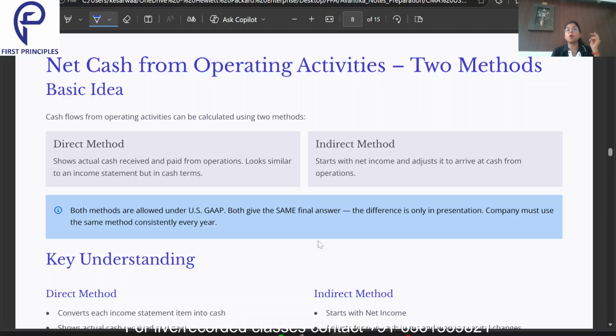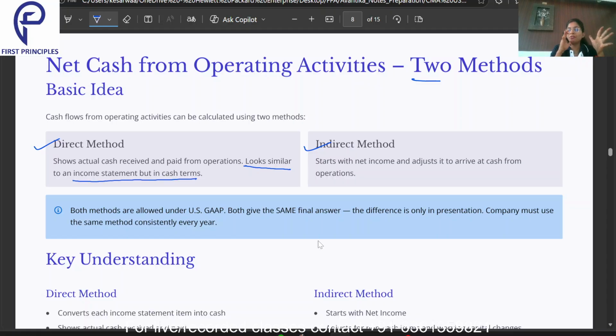So for net cash from operating activities, we have two methods. One is the direct method, one is the indirect method. Now the direct method shows actual cash received and paid from our operations, and it looks similar to an income statement but in cash terms.